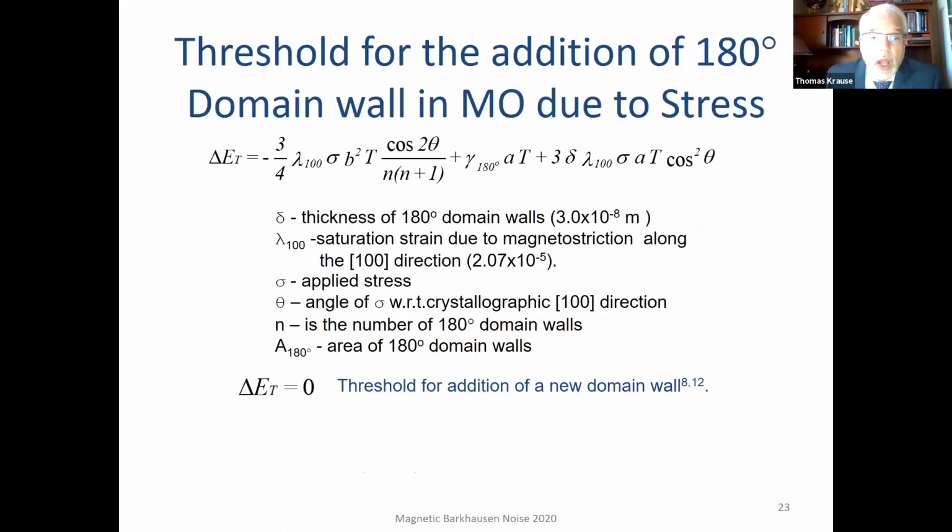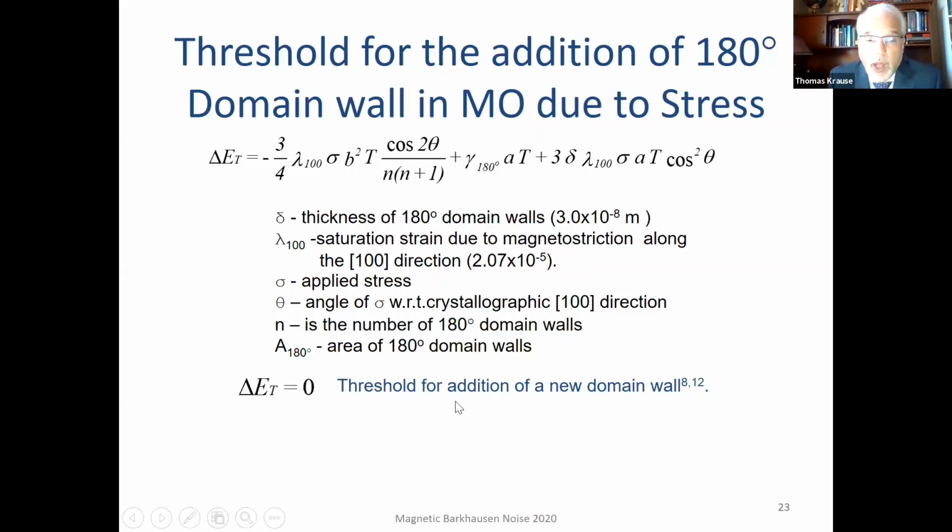Theta is the angle of the stress with respect to the crystallographic 100 direction. Now, if I consider the difference between two domain configurations, where I have n equals 1 or 2 180-degree domain walls and n equals 3 or 4 180-degree domain walls, then I can take the difference between n and n plus 1, and I come up with a change in energy between those two domain configurations.